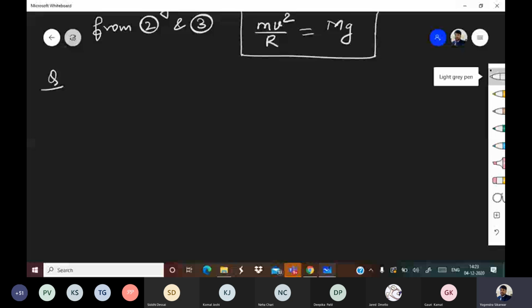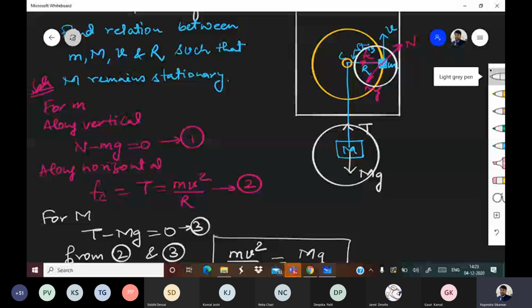Or rather than question, let us talk about next topic, and that is pseudo force. No, tension in string will not be due to both. Try to understand what is happening. Tension at this point and tension at this point, these both tensions are same. So tension at one end is supporting Mg from falling.